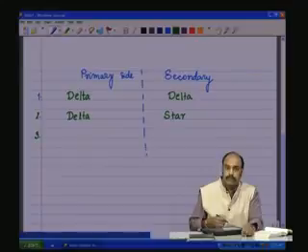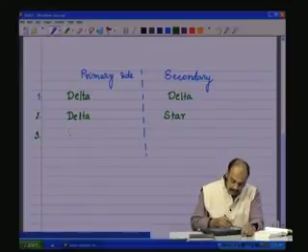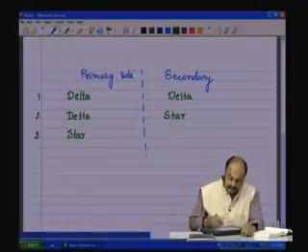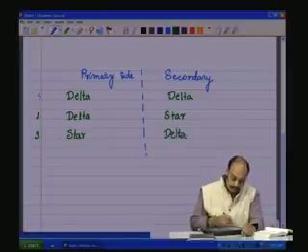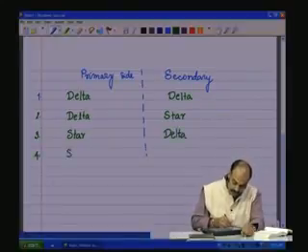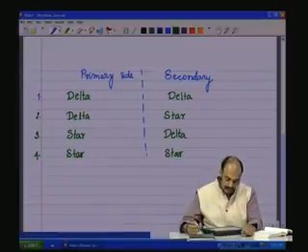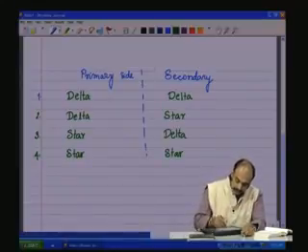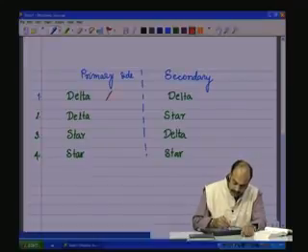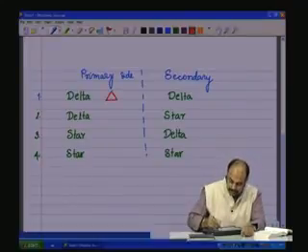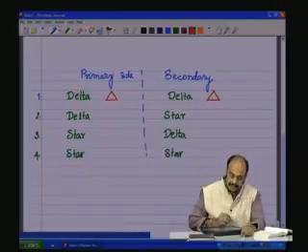In the third, we have the primary connected as star, the secondary connected as delta, and the fourth we can have the primary in star, the secondary also in star topology, which means we have a circuit in the delta topology and a delta topology on the secondary side, that is called delta delta connection.